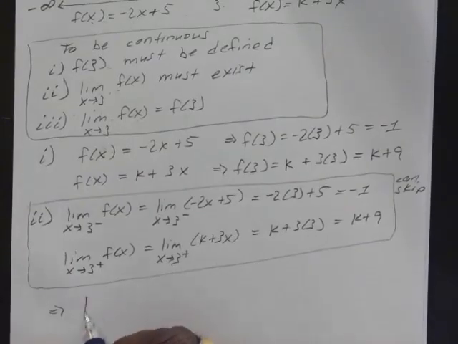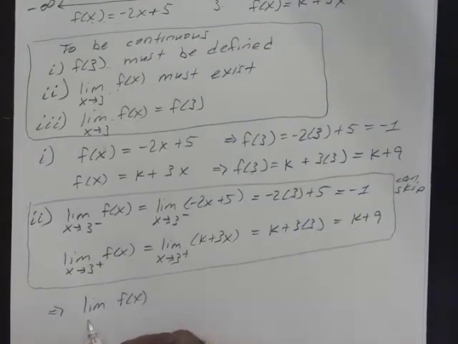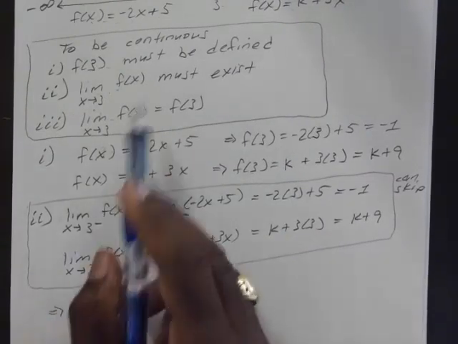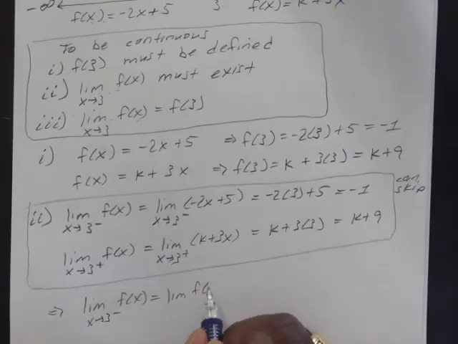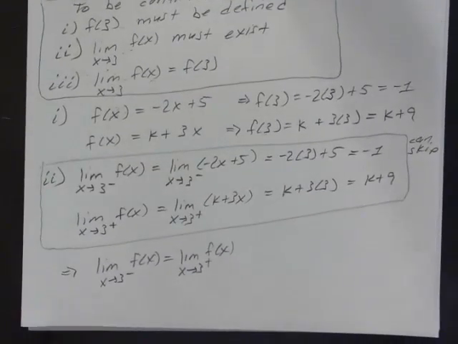So that means that the limit of f of x as x approaches 3 from the left has to equal, actually you could add this on to 2, but we'll do it for 3 anyway, the limit as x approaches 3 from the right.